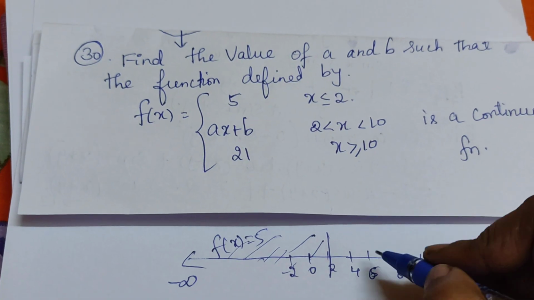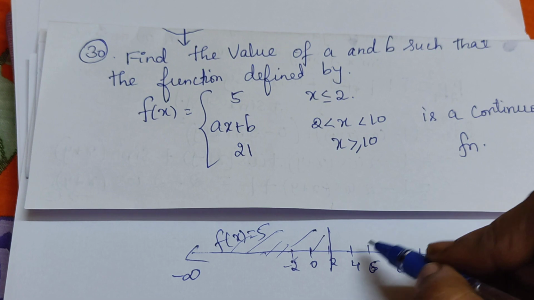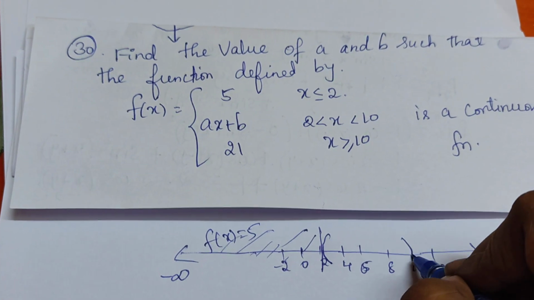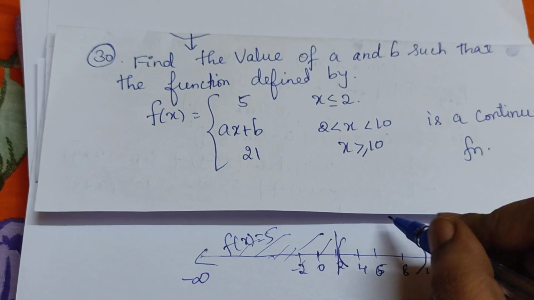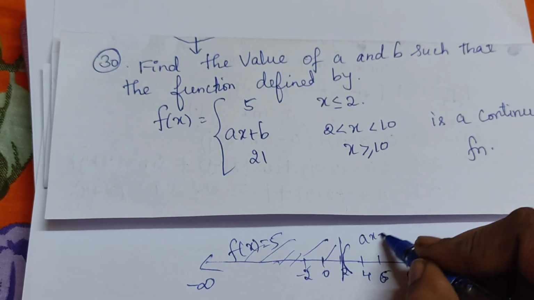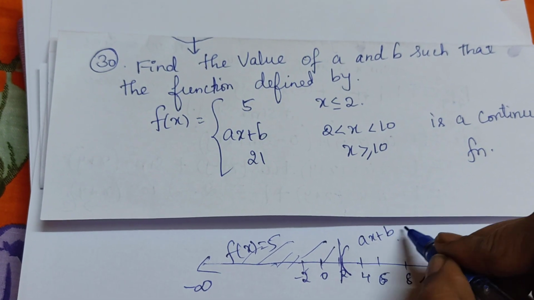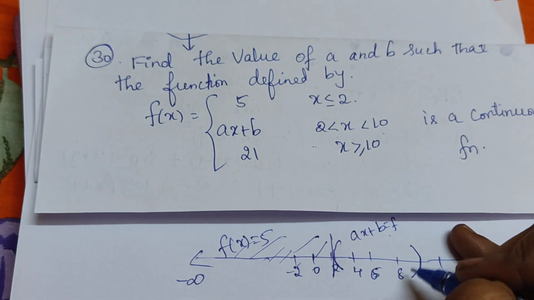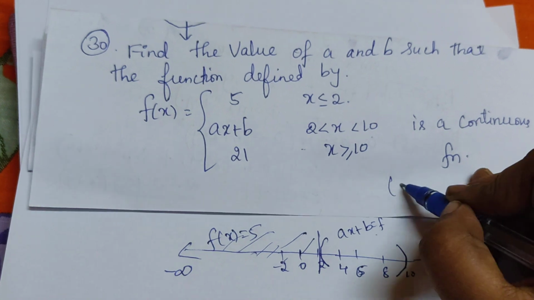And when the values of x are greater than 2 and less than 10, in this interval the function will be ax plus b. The domain here is the open interval 2 to 10.